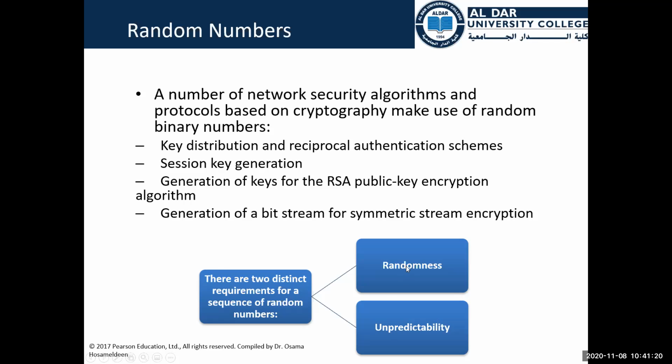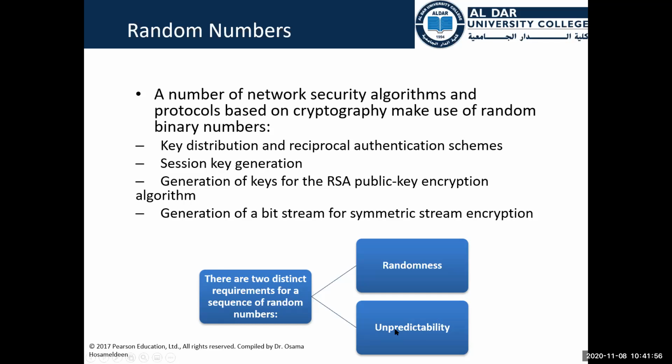Randomness, you can say in a very easy way, is that the probability of having 0 or 1 at each bit is 0.5. The next bit should be 0 or 1 with equal probability. This is randomness. Unpredictability means that using the existing bit stream, I cannot predict future bits.